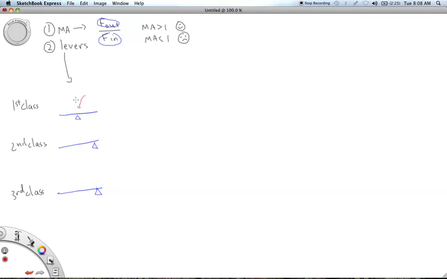Okay, so let me label this. This is the fulcrum. It's a part on a lever that essentially tips. Okay. Now, in terms of locations, I also mentioned that as well. The second way we can actually discuss or show fulcrums, levers, is through the relationship between the input and the output force.